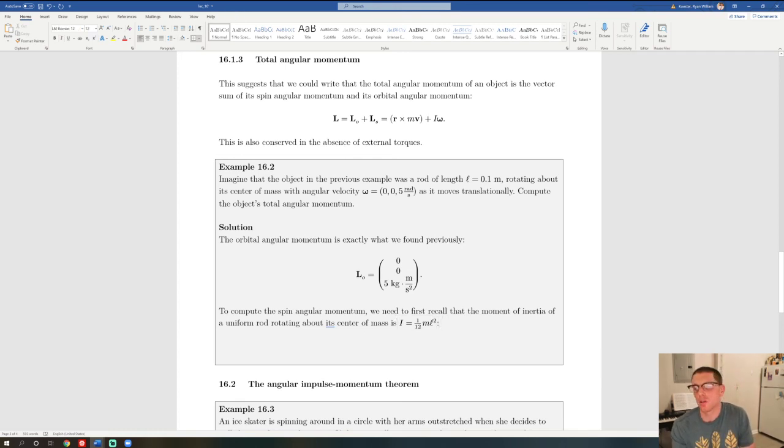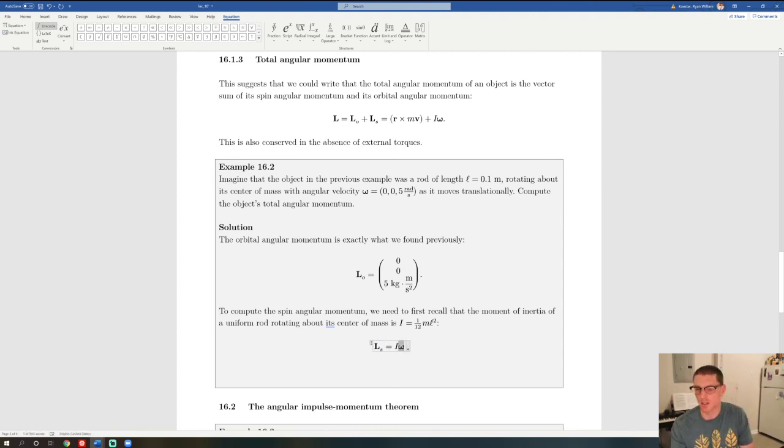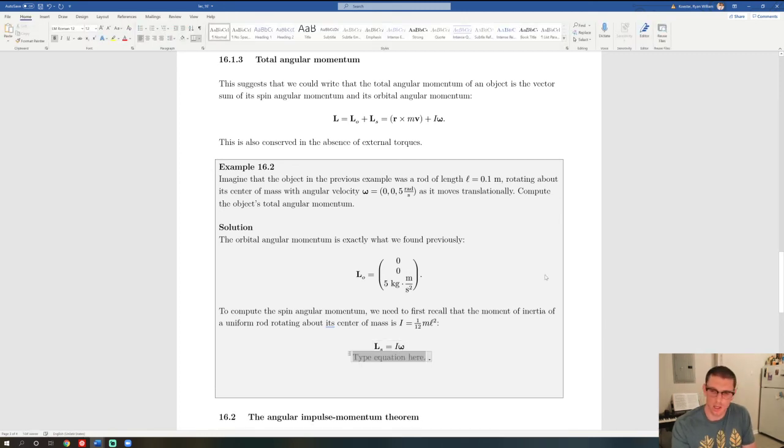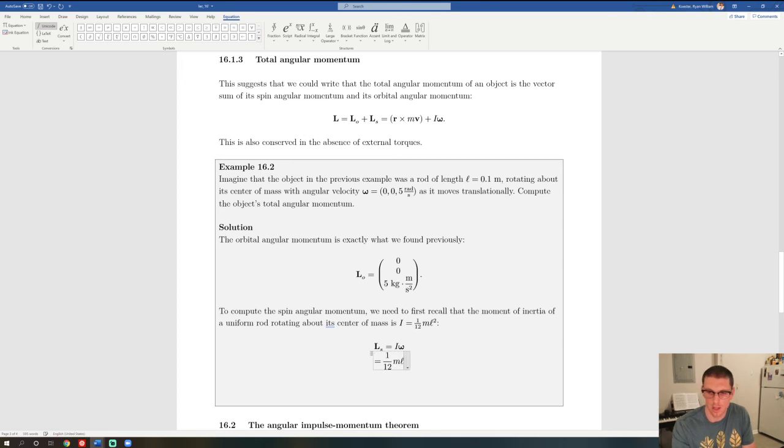So now all we do is write that the spin angular momentum vector is given by the moment of inertia of the rod times its angular velocity vector. And this will be 1/12 mL squared.